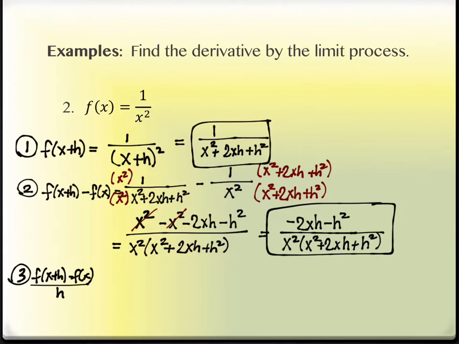It is equivalent to simply putting an h right here in the denominator part of it. So that's how I'll write it. So I have negative 2xh minus h squared on top. My denominator starts out the same. I have x squared times x squared plus 2xh plus h squared. And then I also have an h in the denominator. That's step 3 to start with.